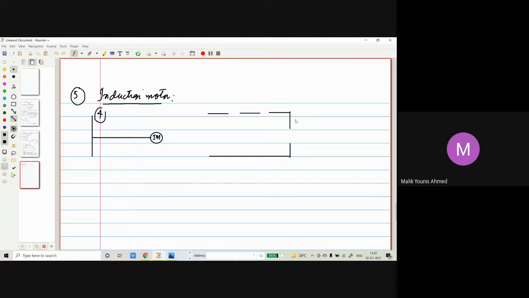First, we can draw the circuit of this one, then we can draw either of the equivalent circuits. So here, let me draw first.